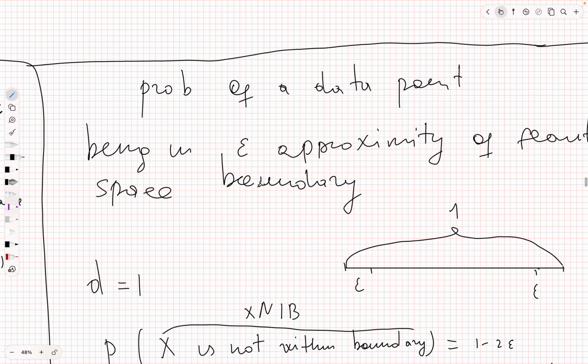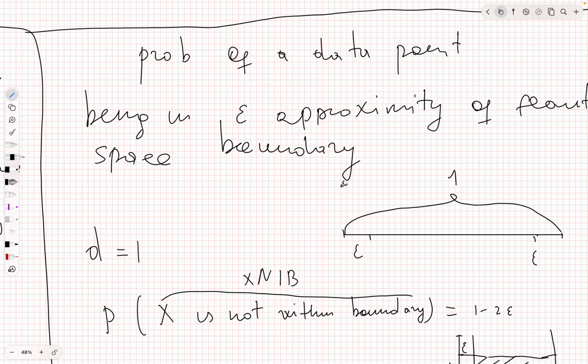We can give any value to epsilon, and we're going to choose a value for epsilon in our video. As I said before, we have a one-dimensional feature space, and we say that this feature is uniformly distributed between 0 and 1, for mathematical convenience, but it doesn't mean it holds true only in this case. It holds true for any case.